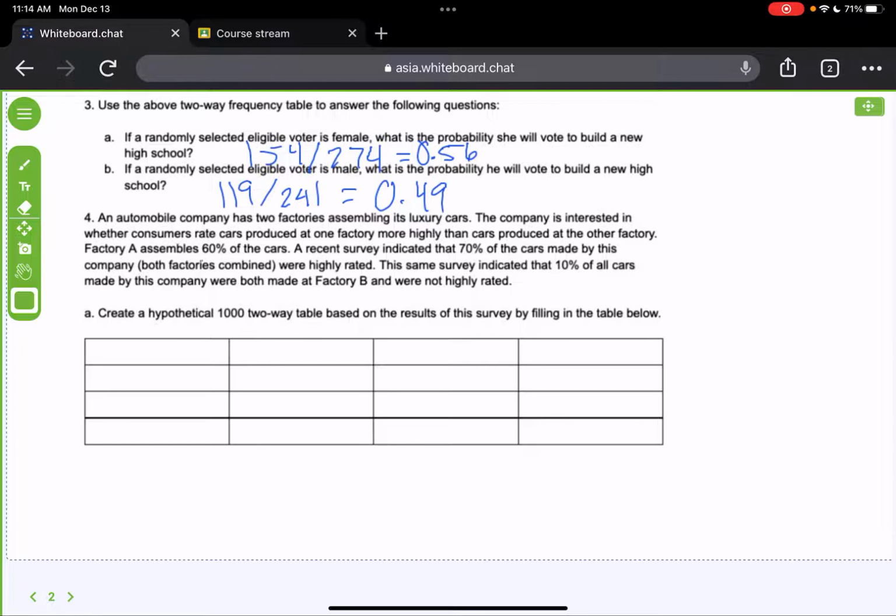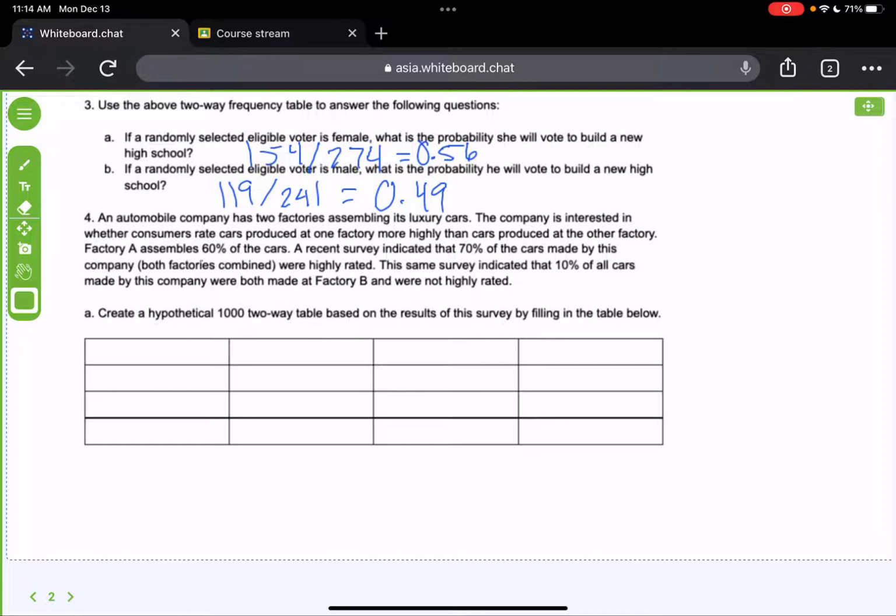Factory A assembles 60% of the cars. A recent survey indicates that 70% of the cars made by this company were highly rated, so at both factories combined. This same survey indicated that 10% of all the cars made by the company were both made at factory B and not highly rated.